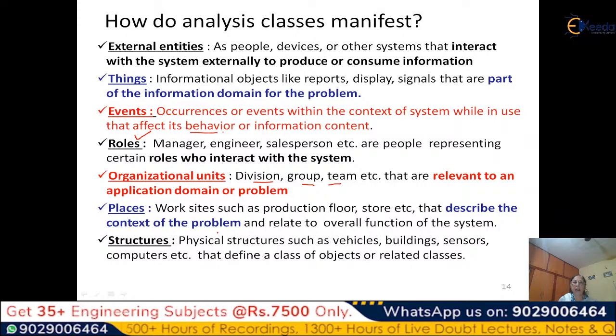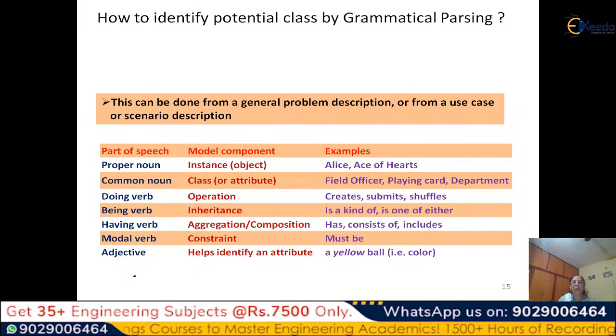We normally talk of data structures, but here we are talking of physical structures. So we have vehicles, buildings, sensors. So what are these? They are conglomerates. They contain multiple things inside them. So that is why we call it a structure. So they are physical structures because we are all doing this in the problem domain. So these are the different ways that classes can manifest: external entities, things, events, roles, organizational units, places, and structures.